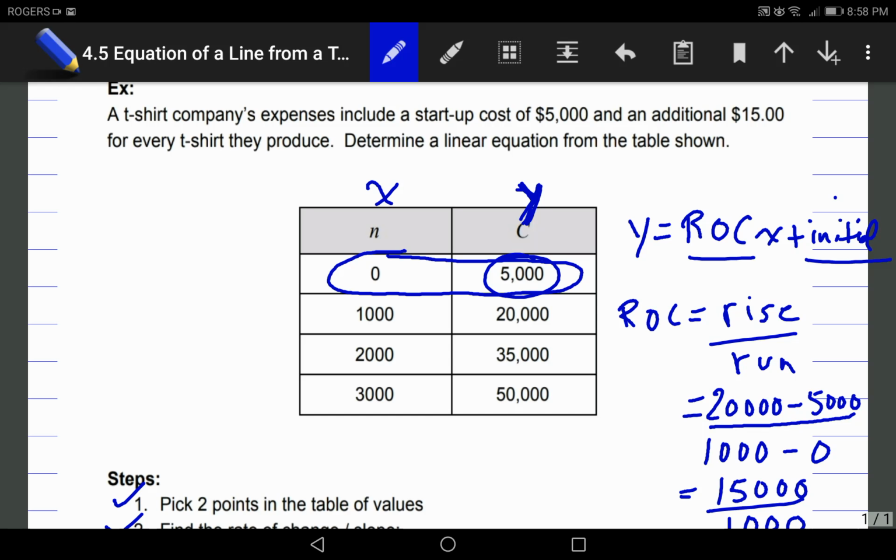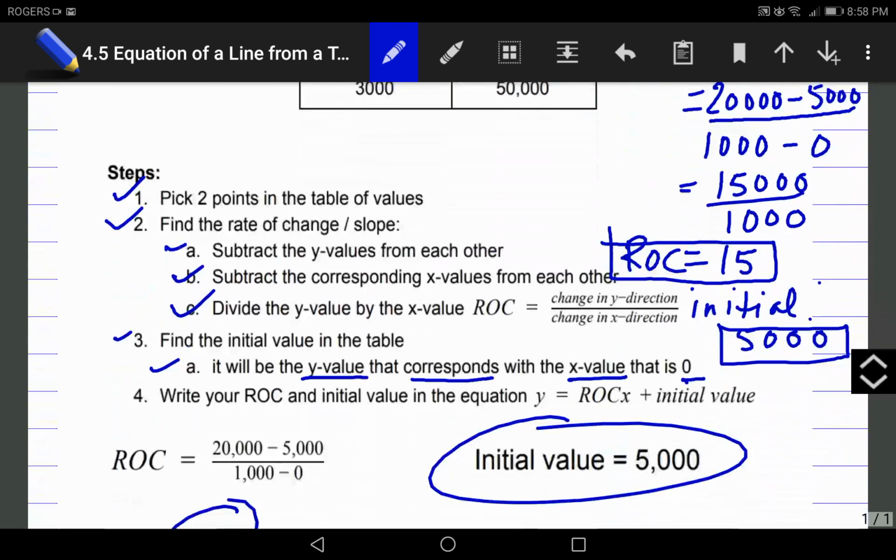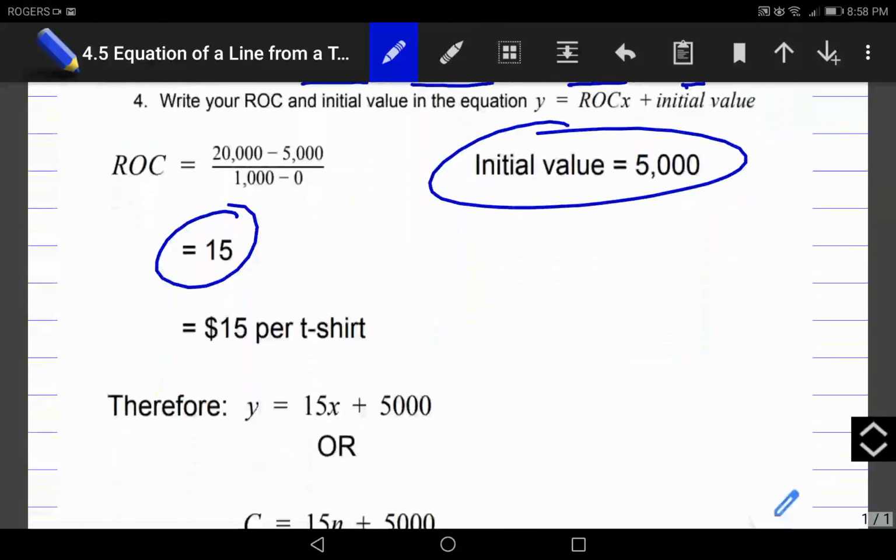Okay, and you can see that it already gives us the rate of change, $15 per t-shirt. So down here what I wrote was, I didn't just write 15 because it's a word problem. I need to give it more relevancy. So I don't just say 15, I say that it's $15 per t-shirt.